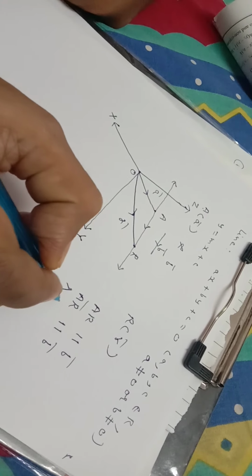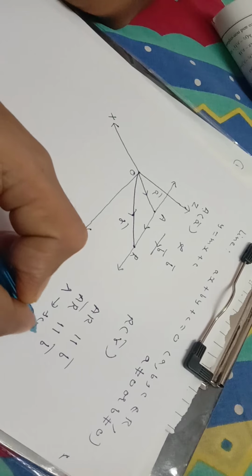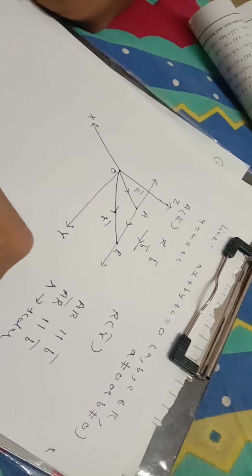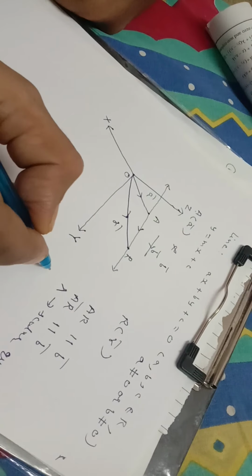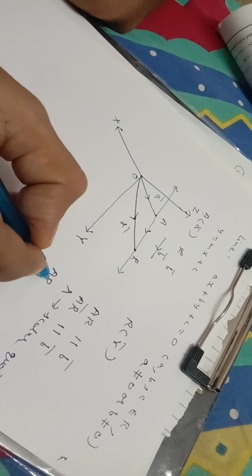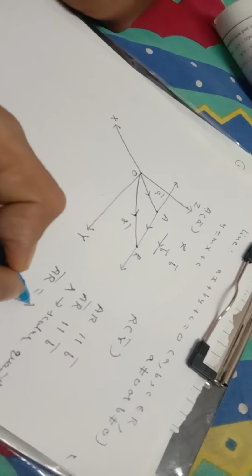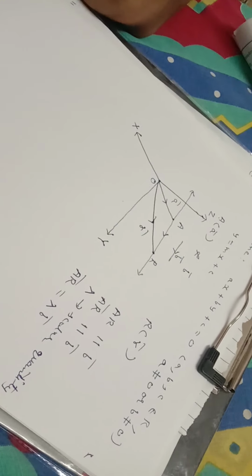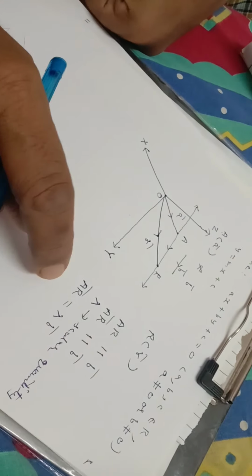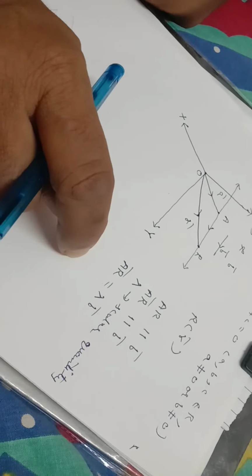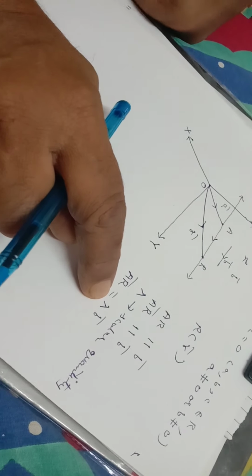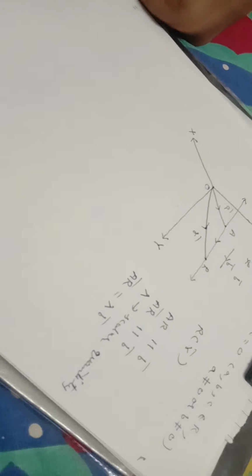Suppose lambda is a scalar quantity such that AR bar equal to lambda B bar. So when two vectors are parallel, any one vector can be written as scalar multiple of other. Here lambda is scalar quantity, real number.